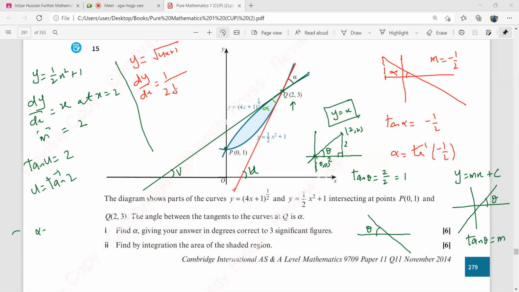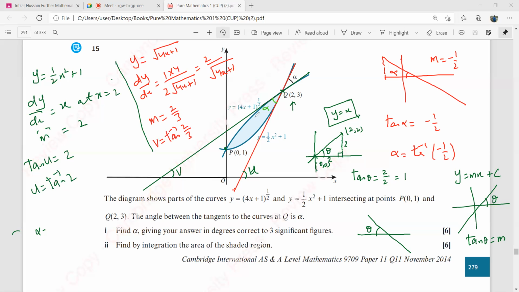This is half into 4x plus 1 to the power minus half, times 4, that is 2 over under root 4x plus 1. Let's put the same x coordinate 2 into it. So you get this m as 2 over 3. So your v is going to be tan inverse of 2 over 3.